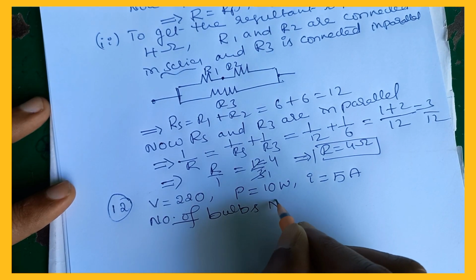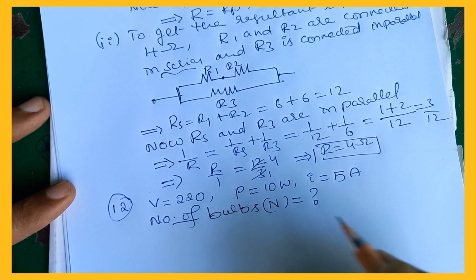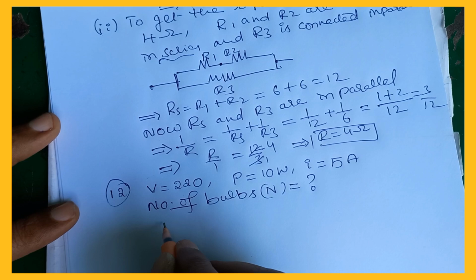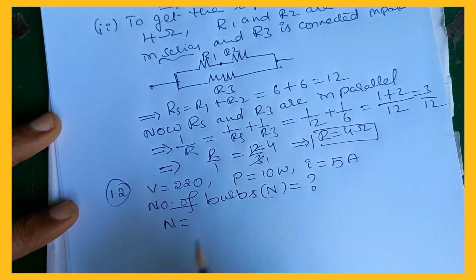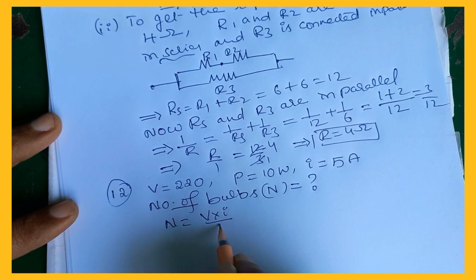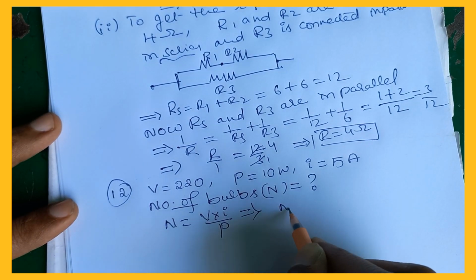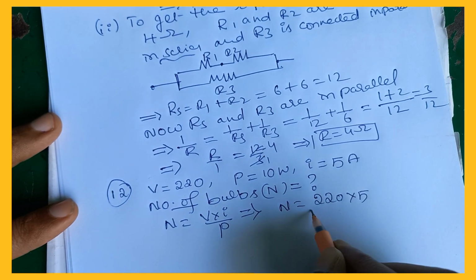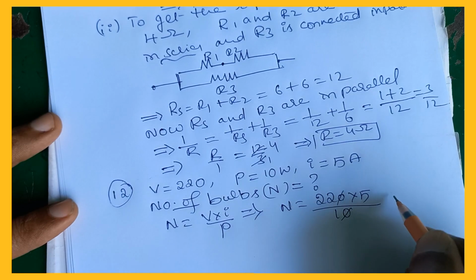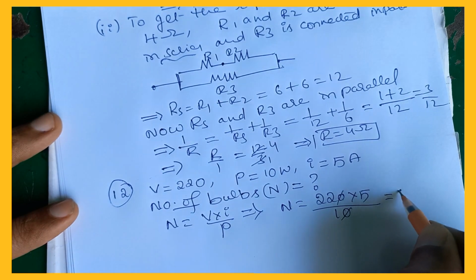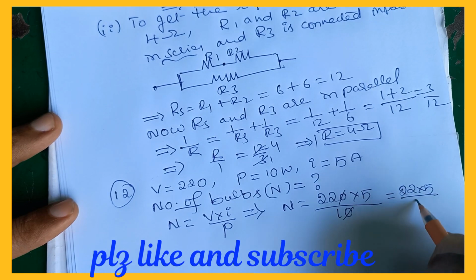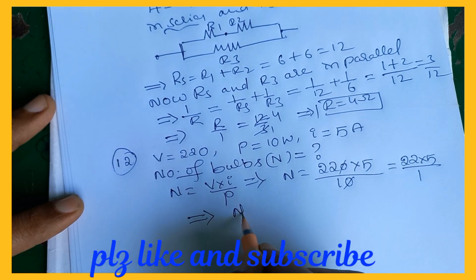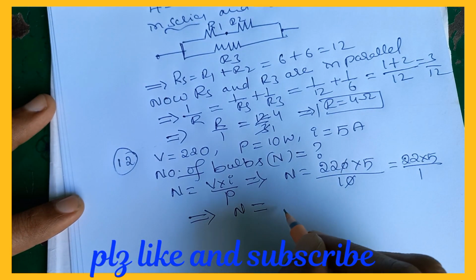Number of bulbs is denoted by capital N. Using the formula of power, N is equal to V into I by P. So N is equal to 220 into 5 by 10. On cancellation of zeros, we get 22 into 5 by 1. So the number of bulbs connected, N, is 110.